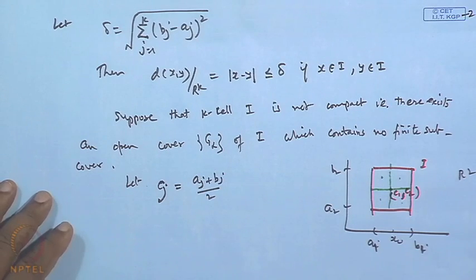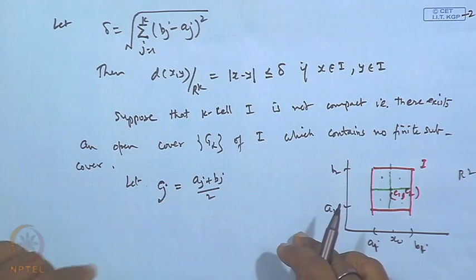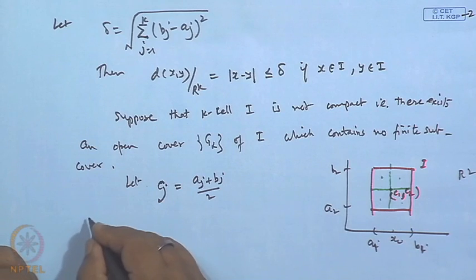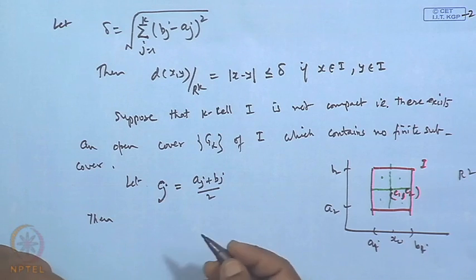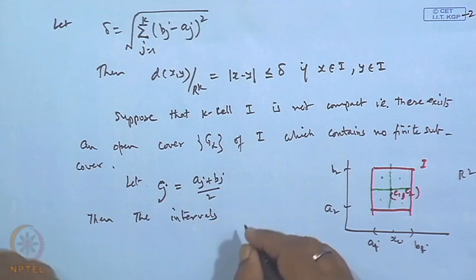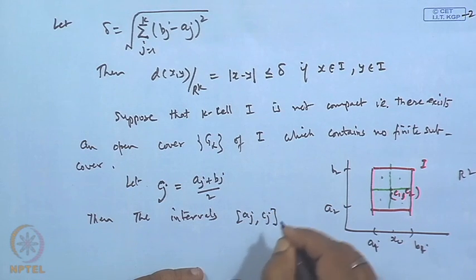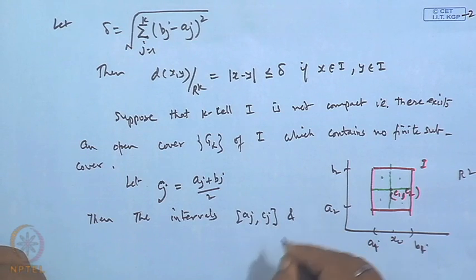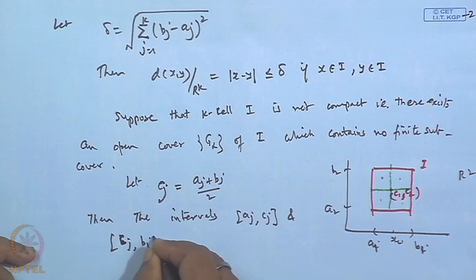By choosing c_j, we get the intervals [a_j, c_j] and [c_j, b_j].